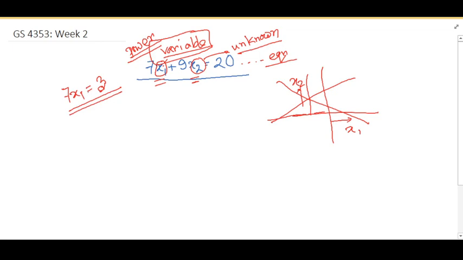Also this will be possible in case of two variables, like if I say 7x square equals 3, you know that you cannot plot this in a graph. For a 2D example, a two-dimensional graph and two variables, I give the example here.